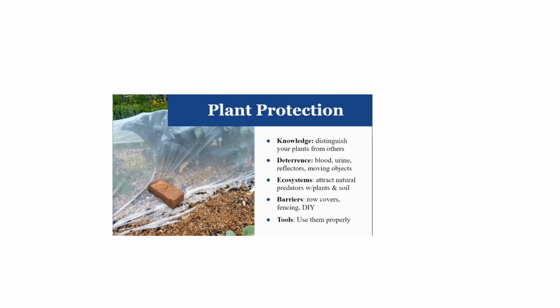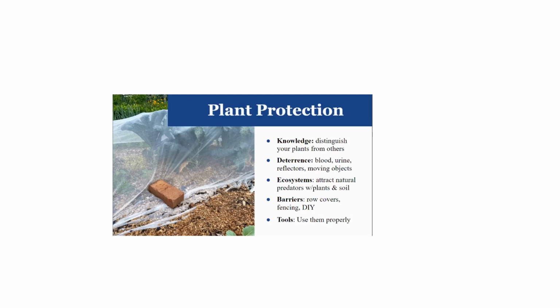You can deter things by putting down, if you're thinking about deer and voles and other types of organisms and trying to deter herbivores, some people will put down bovine or cow blood or coyote urine, or just something to try to keep something away from the plants from eating them, or reflectors, so something shiny that deters an insect or any type of animal from getting to your plant, or moving objects, like the idea of having a scarecrow even.